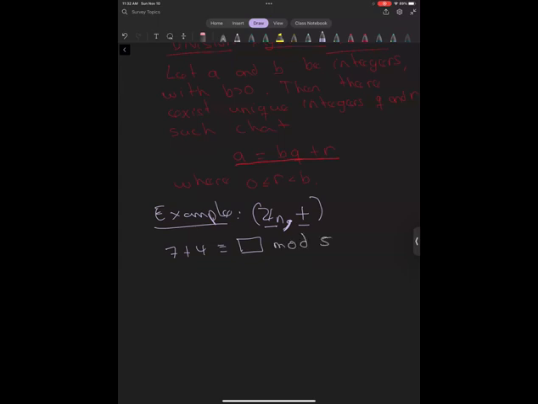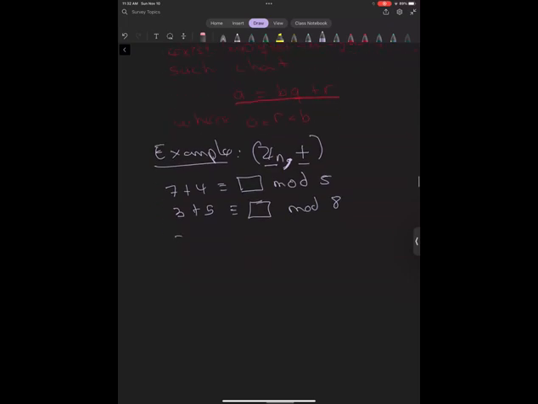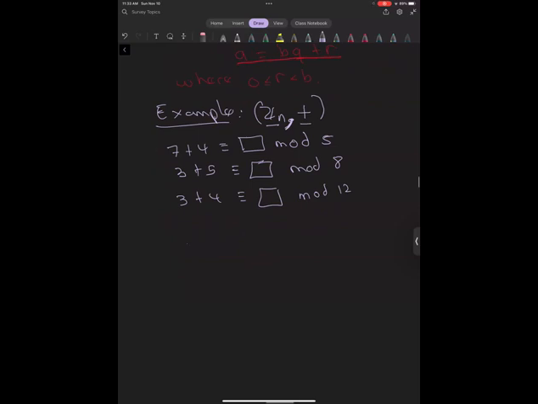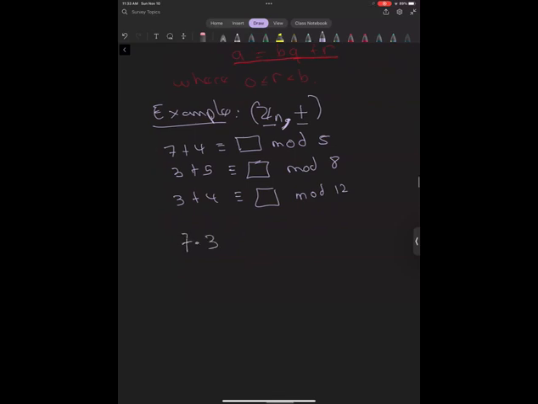What is 3 plus 5 congruent modulo 8? What is 3 plus 4 congruent modulo 12? What is 7 times 3? So you can also put multiplication.